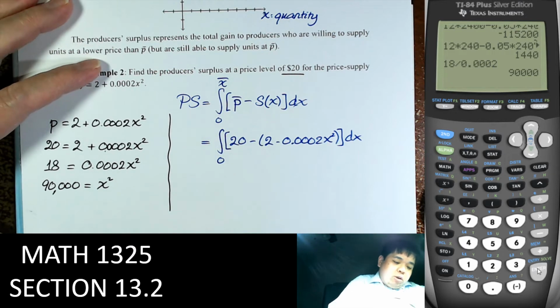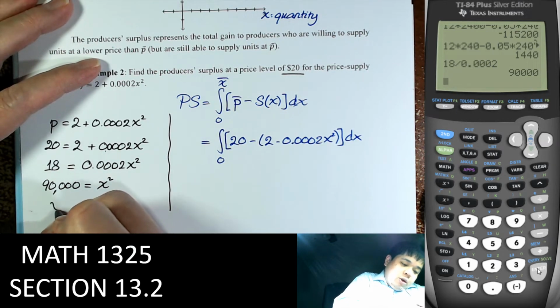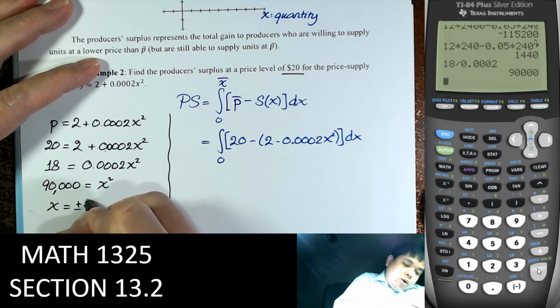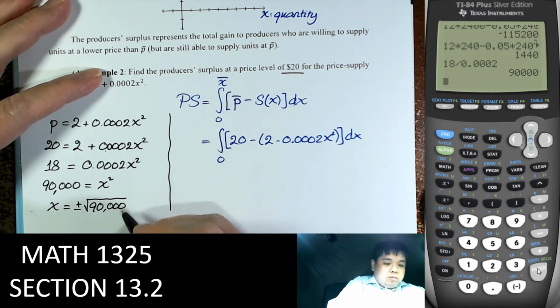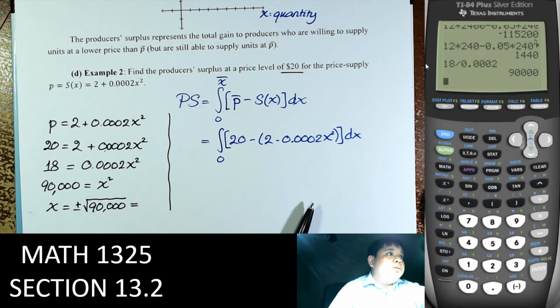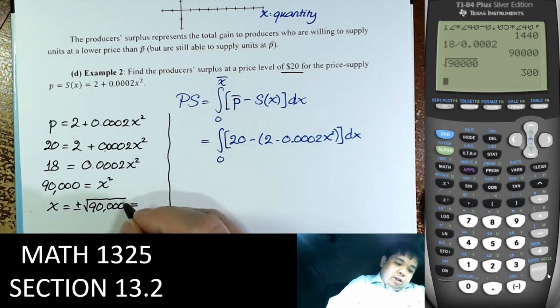Take the square root on both sides. So x equals plus or minus the square root of 90,000, which is 300.